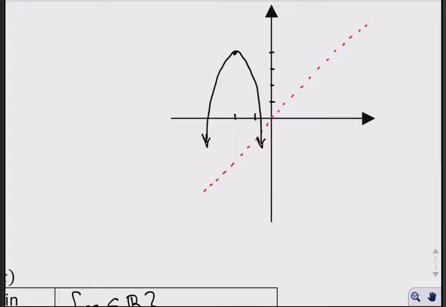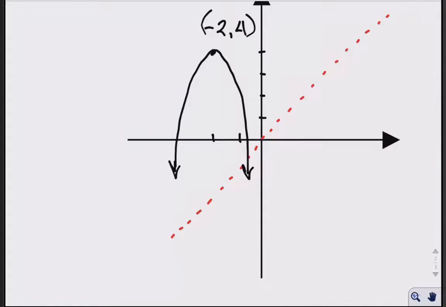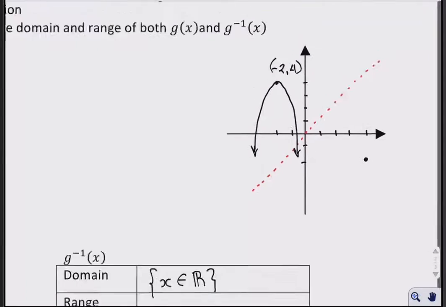So our vertex here was, what was it? -2, 4. So that means I'm going to be at 4, -2. So 1, 2, 3, 4, and -1, 2. So roughly over here. So which way is my parabola opening?